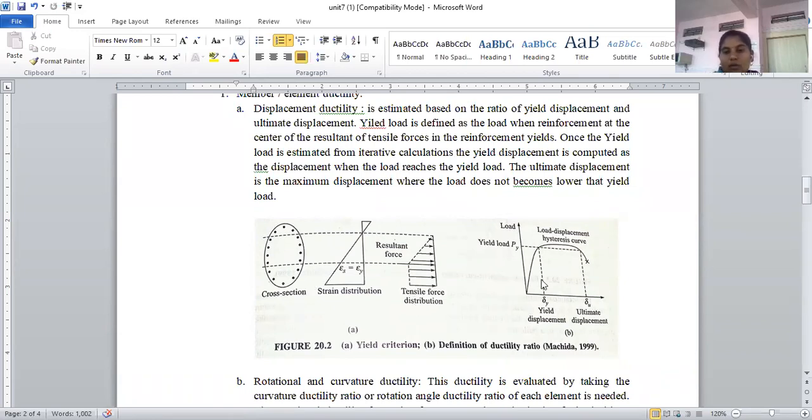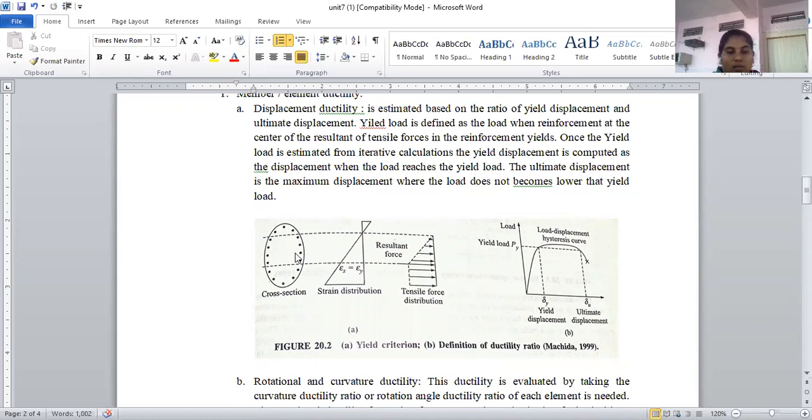You can see from figure B that the yield displacement and ultimate displacement are both given, and the load versus displacement graph produces the two displacements: one is the yield displacement and the second is the ultimate displacement. For calculating the displacement ductility, we take the ratio of the yield displacement to the ultimate displacement.